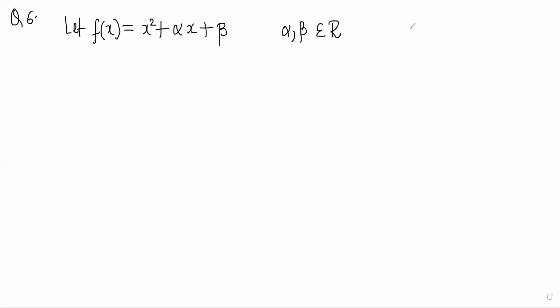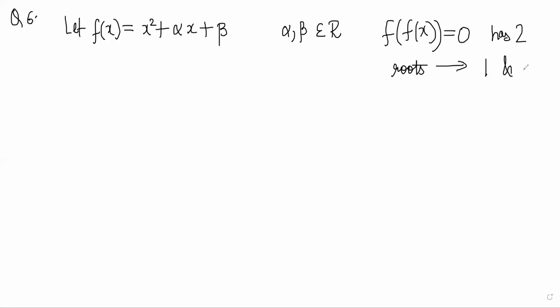I'll write down a couple of questions, try them. We'll discuss in the next class. Next one is, let f of x be equal to x square plus alpha x plus beta, where alpha and beta belong to real, and f of x equal to 0 has two roots which are 1 and 2.